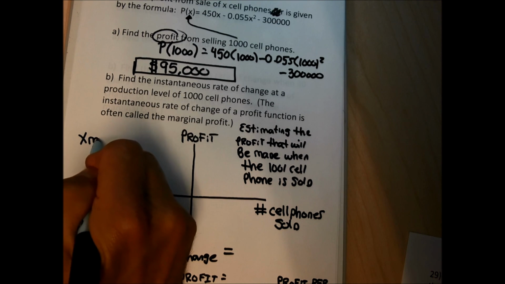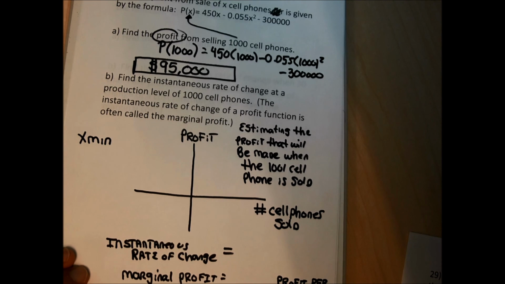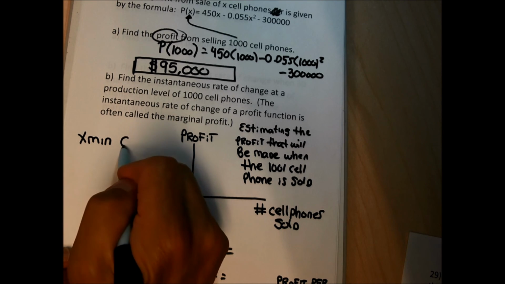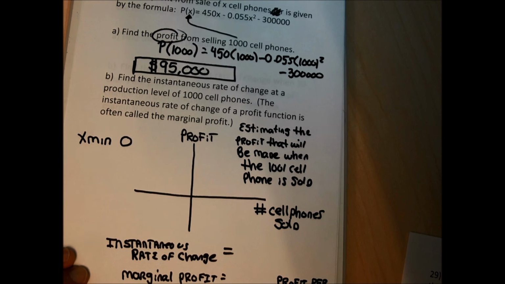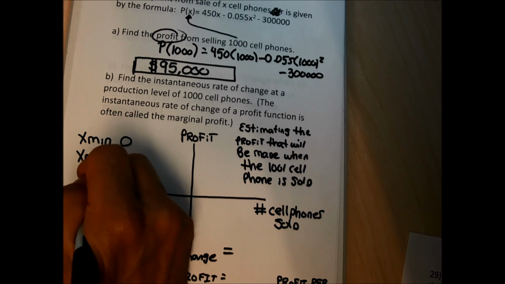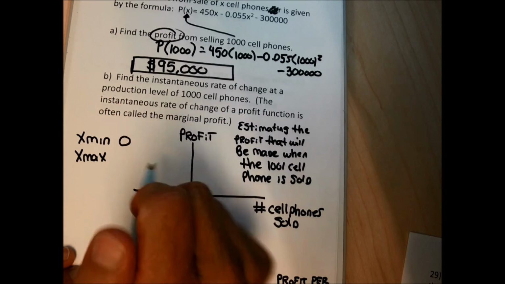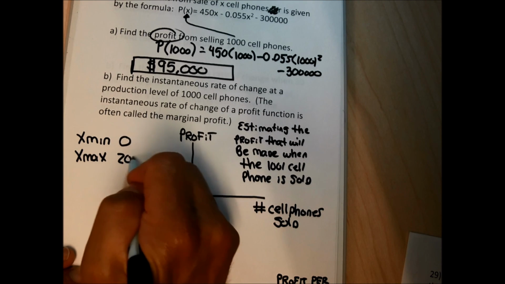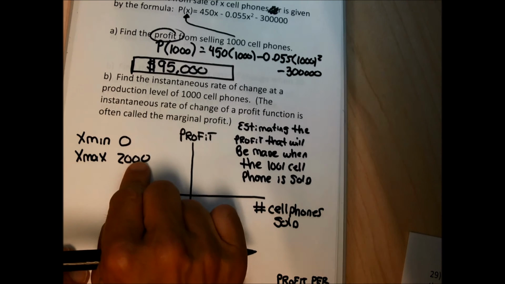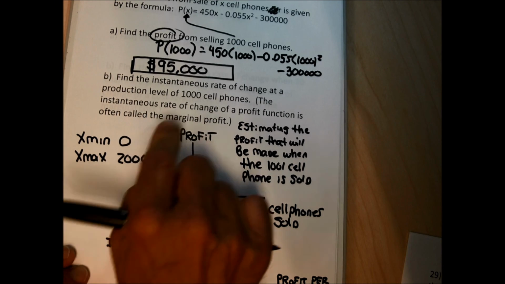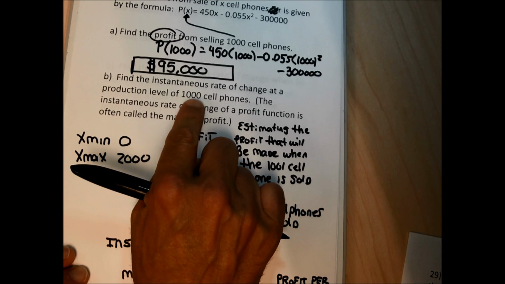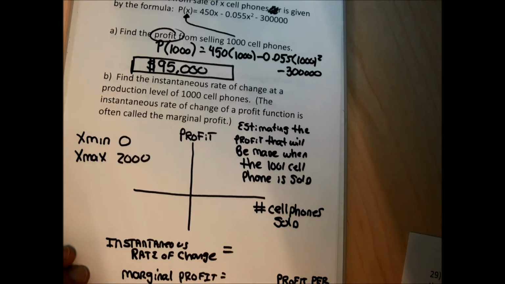For x min, the least amount of cell phones that I might sell, I'm going to put 0. It doesn't matter exactly what you use for x min, but for x max, it does matter. It has to be at least 1,000. I'm going to bump it up to 2,000. As long as I pick a number bigger than 1,000, I'll be able to calculate the instantaneous rate of change when selling 1,000 cell phones using my calculator.